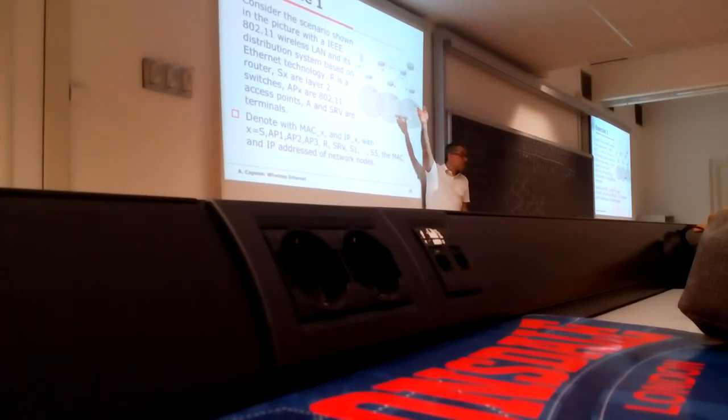So it will be broadcast, right? So it will reach all the switches, and all the switches will apply the MAC learning. They will look at the source address, and they will update the information in the bridging table according to the port from which they receive the packet.